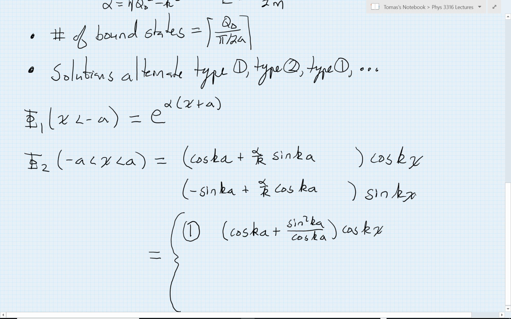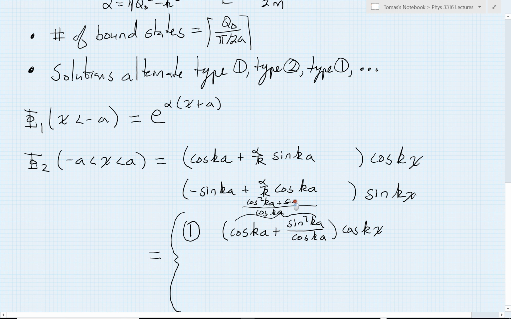Now this is interesting. This looks like maybe I can do something with it also, right? I would love to get this on a common denominator. So let me write this as something over cosine Ka. And if I put things on that common denominator, the first term will become cosine squared Ka, right? And the next term becomes sine squared Ka.